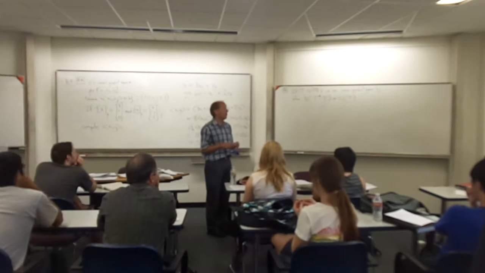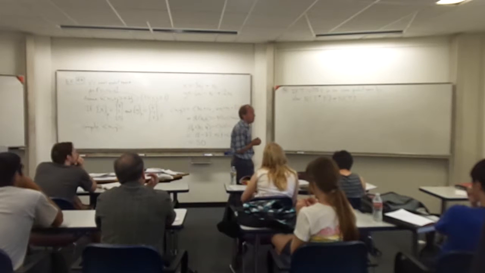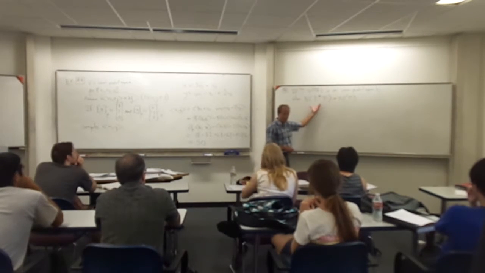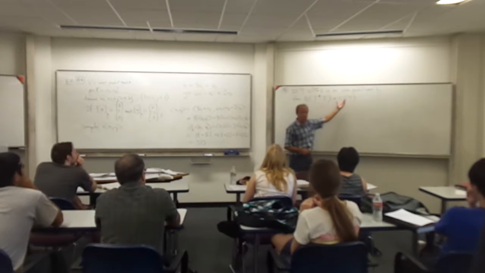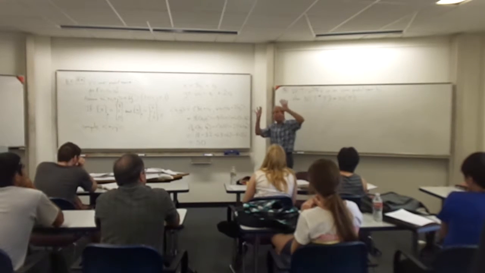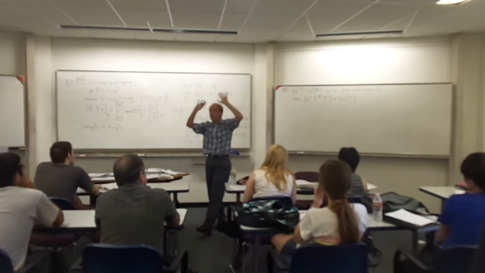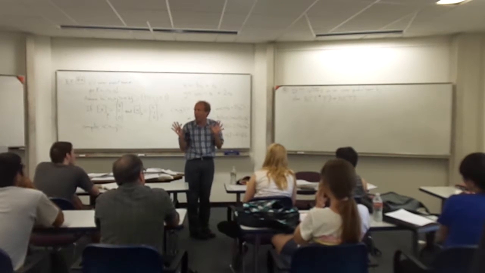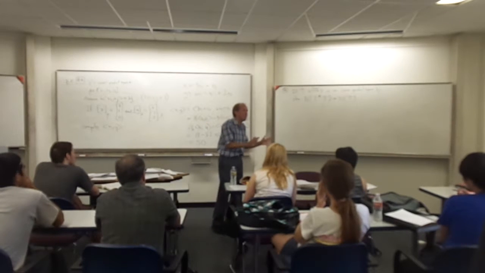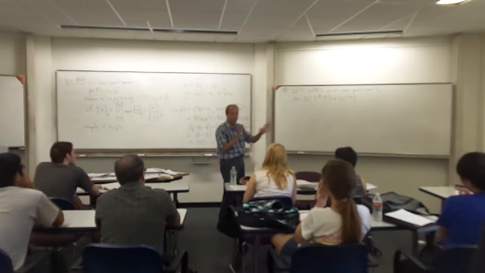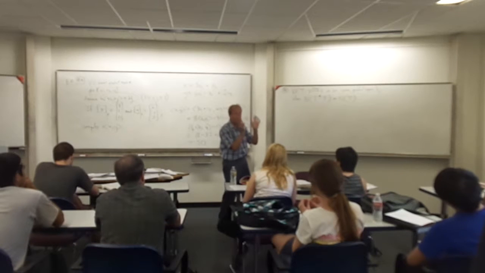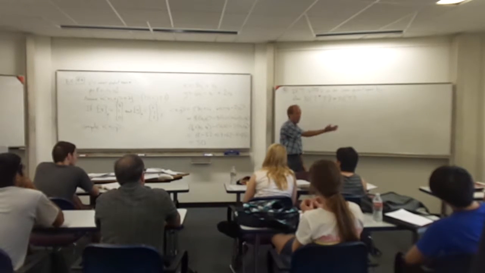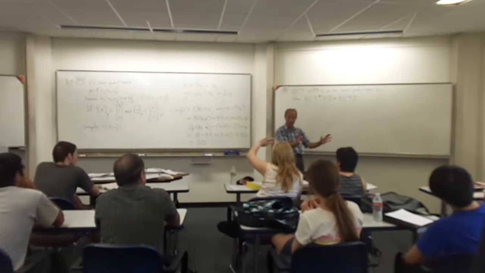If, for example, you know that the dimensions are the same, because this is a subspace of V, and this is a subspace of V, and we knew that the dimensions of the two things we wanted to show were equal, then we could just show that one of them was a subset of the other, and then we would be done.